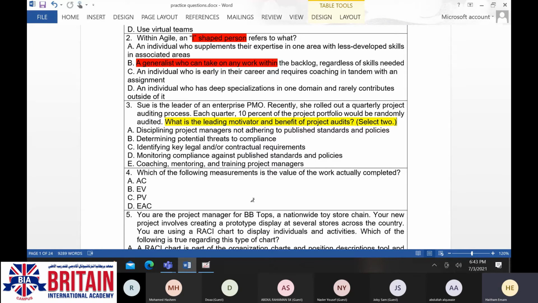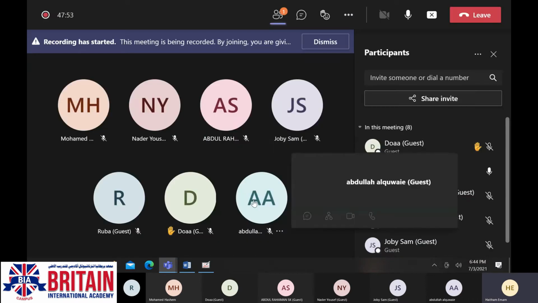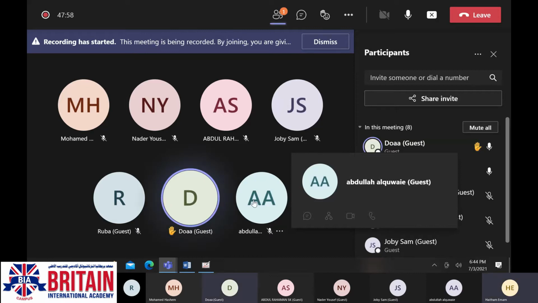Planned value is what? Let me ask my friend Dua. You would like to say something? Yeah, I think the planned value is the value like we put the budget for the project, or for the whole project, or what? The planned value for a certain delivery.